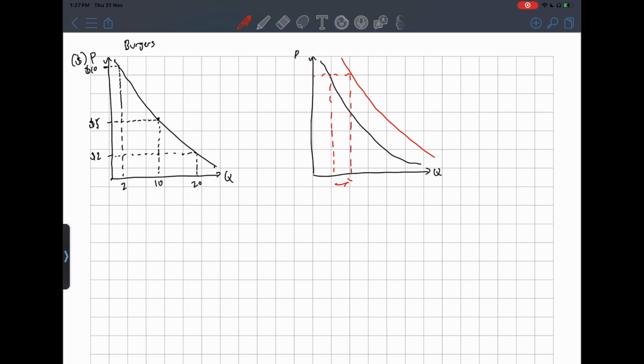And now, finally, there's something called demographic changes. Let's imagine a boom in birth rates in a certain country. If there's a lot more babies being born, the demand for baby products like diapers will increase a lot, because a lot more babies need diapers, so a lot more diapers are demanded.